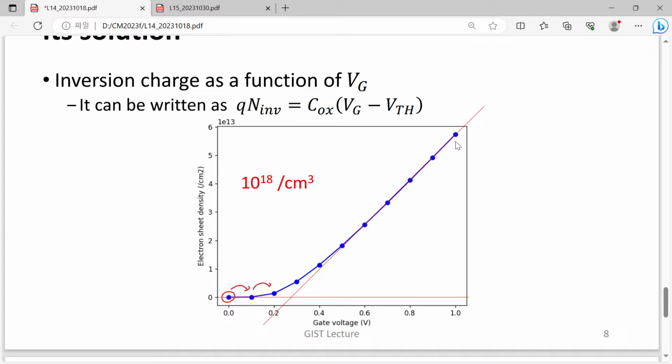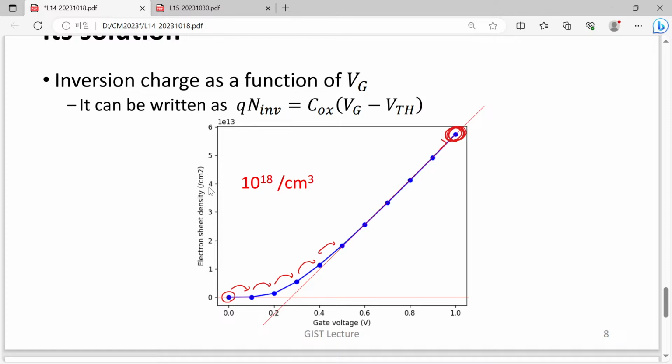Although our interest mainly lies in this bias condition, instead of directly jumping to 1.0 volt, we make a journey to our target gate voltage. We increase the gate voltage step by step and get the solution.